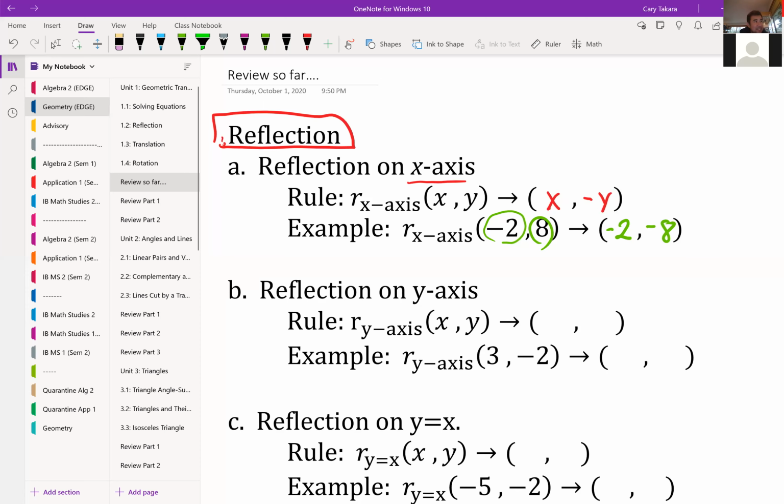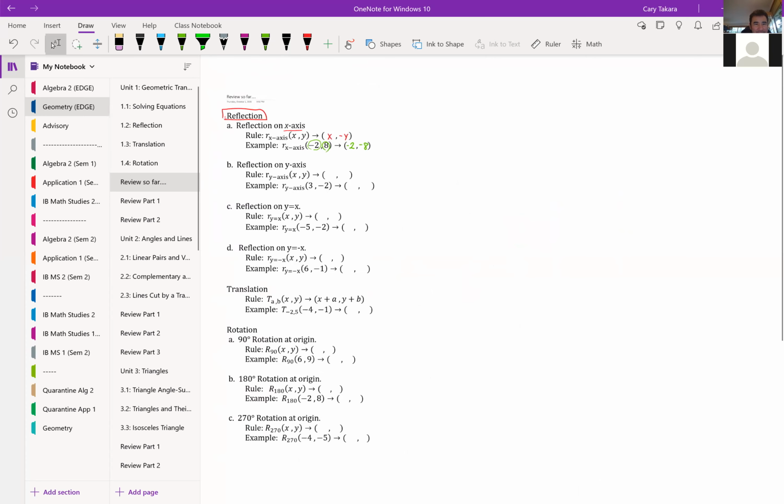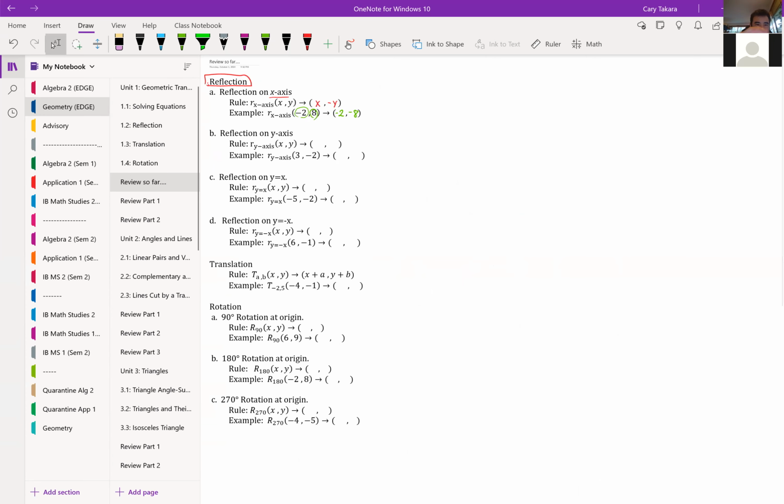Let's write this down. There are, let's see, 1, 2, 3, 4, 5, 6, 7, 8. There are 8 rules that we've gone over. And I am putting everything on one page, and this is all we're going to do today.